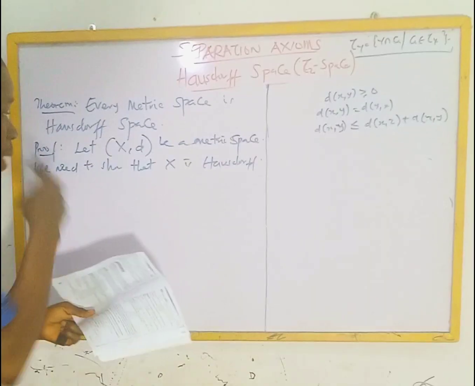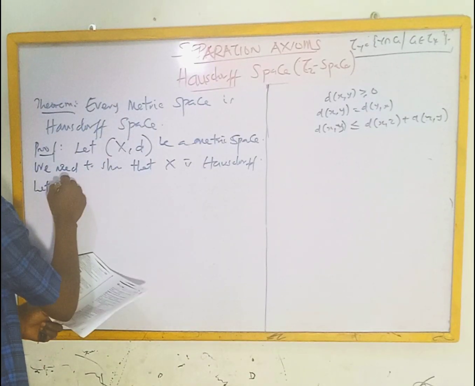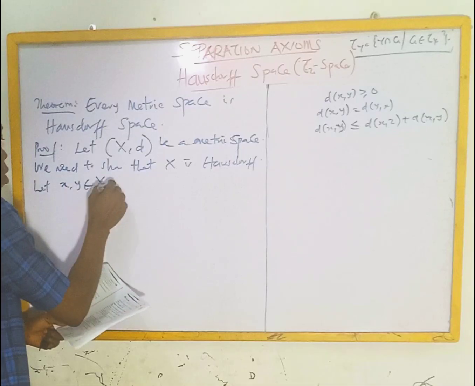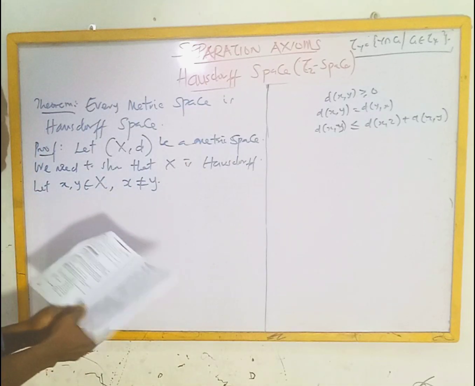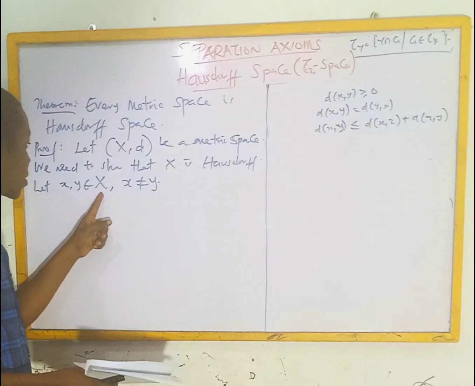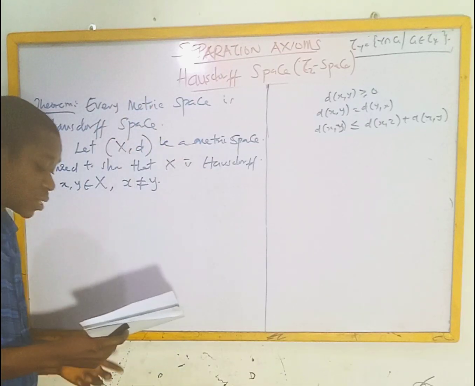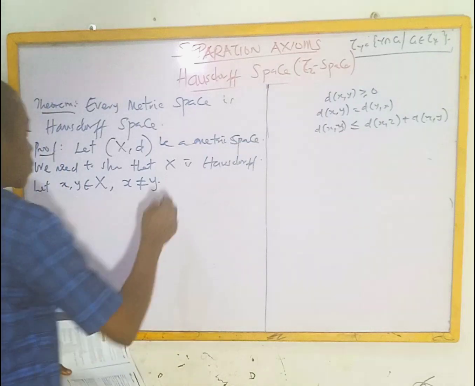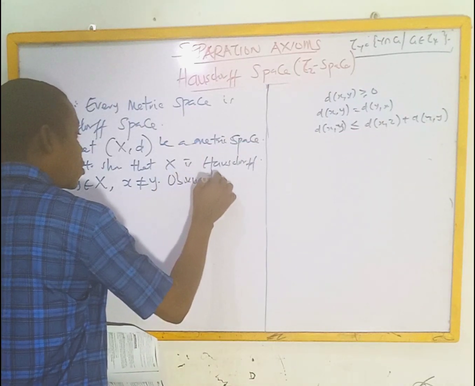Now, to show that, let x and y be in X so that x is not equal to y. If I pick x and y in X, I'm picking from the definition. Let me assume that x is not equal to y.